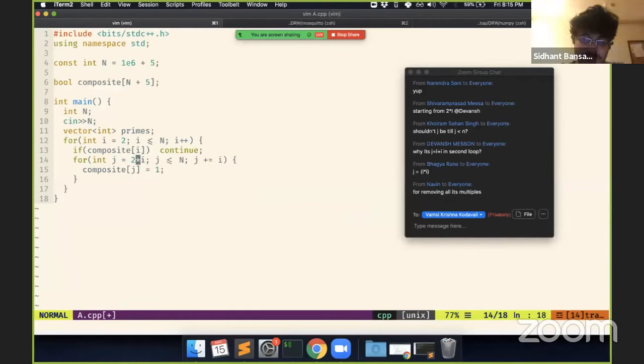Anyways, we wanted to go through how to factorize a number fast. One method here is that instead of having the composite array as a bool array, have it as an int array. If the value is non-zero, then you continue because it's a composite number. Otherwise, it's not yet marked, since it gets initialized to 0.